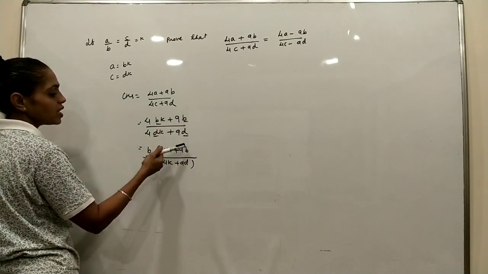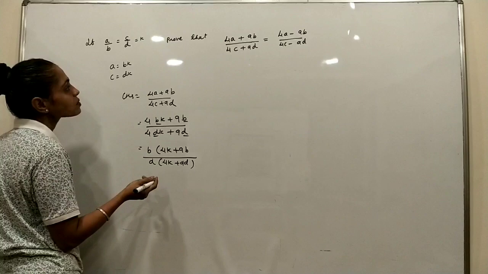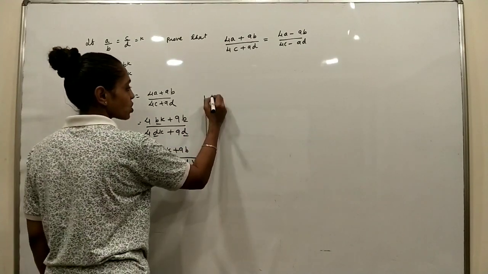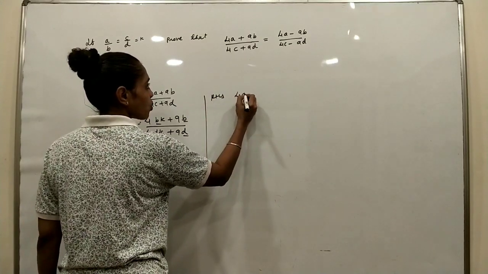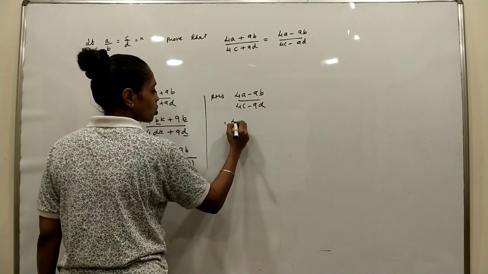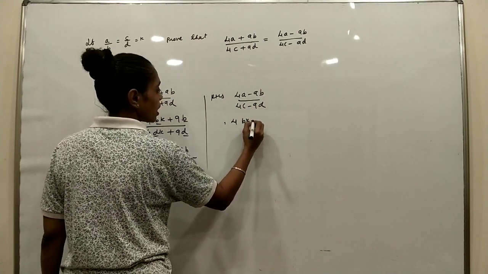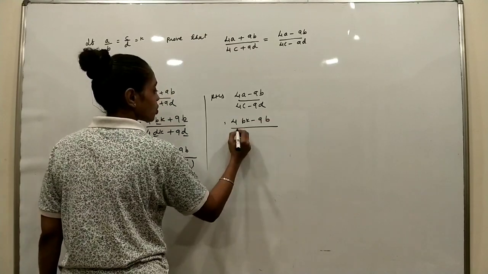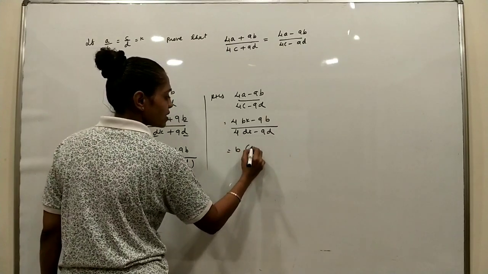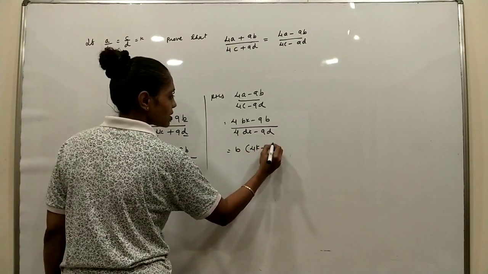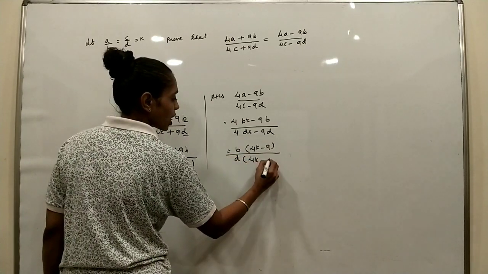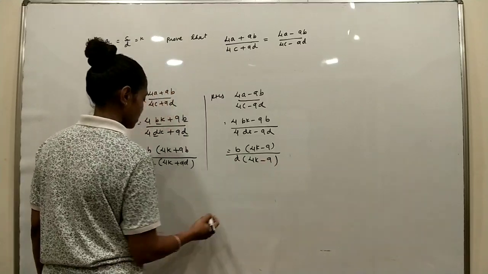Here it is b and here it is d, so this does not cancel, right? It is compulsory that you check each method, LHS and RHS. Now 4a minus 9b upon 4c minus 9d. So 4 times bk minus 9b upon 4 times dk minus 9d. Only b is common: b times 4k minus 9, upon d times 4k minus 9.